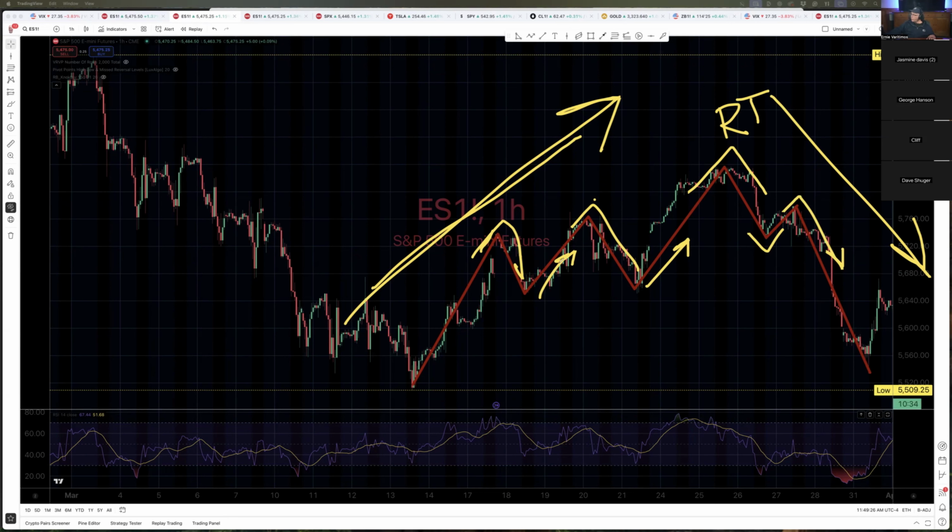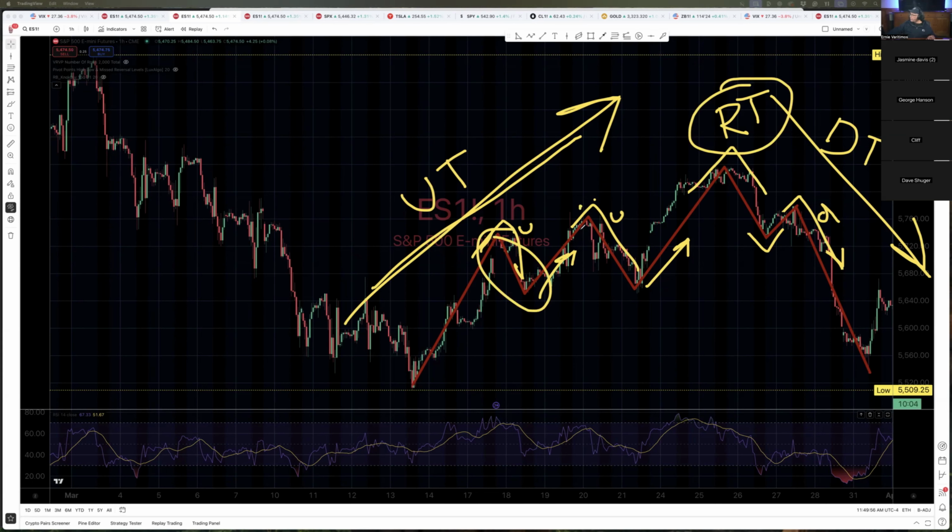Where these guys were a continuation of the uptrend. This is an uptrend continuation, and that's an uptrend continuation. And this is the downtrend. And so this one's a downtrend continuation, right? So we have a big picture, total reversal of trend, which is this guy. And then we have these little ones like this one and this one and this one, which are continuation trends or continuation reversals. Does that make sense so far?